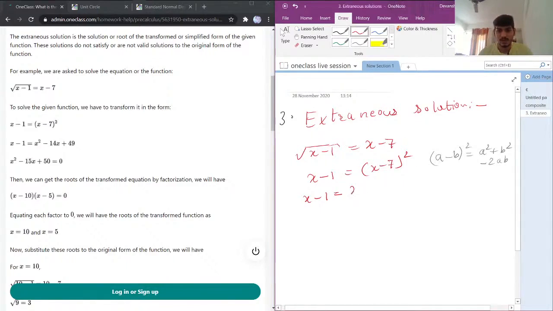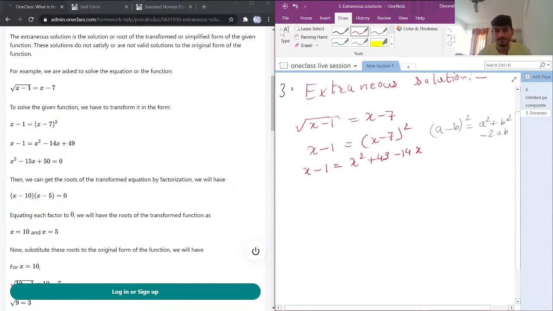So we will have x square plus 49 minus 14x. Now I will rearrange all these terms, bringing each and every term to this side, so I subtract x and add 1 on both sides.